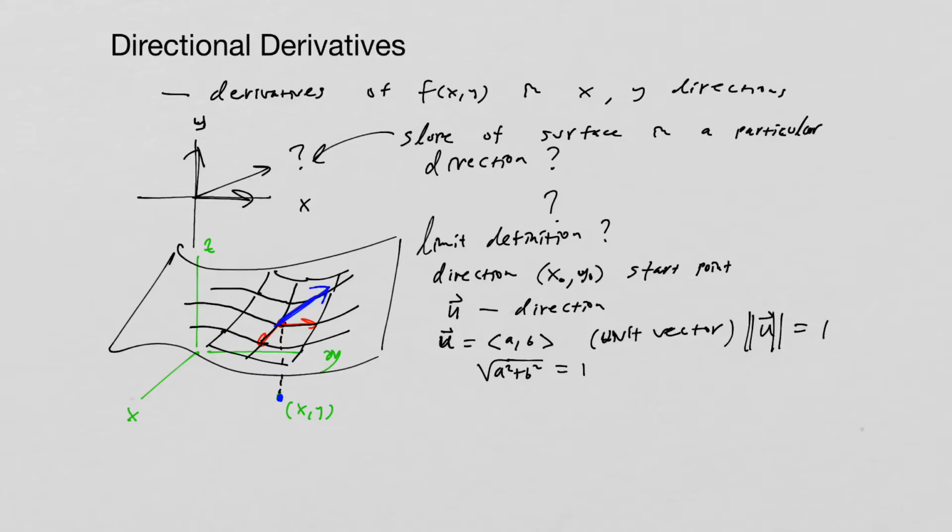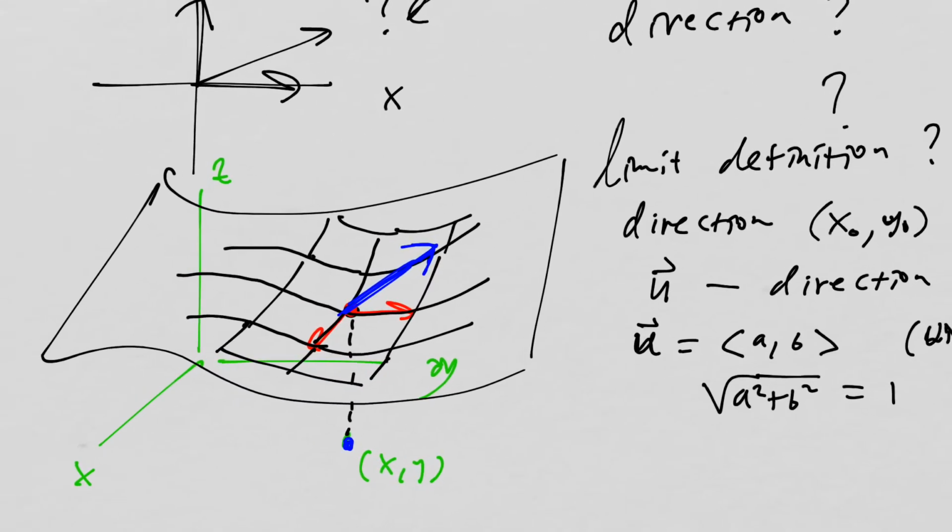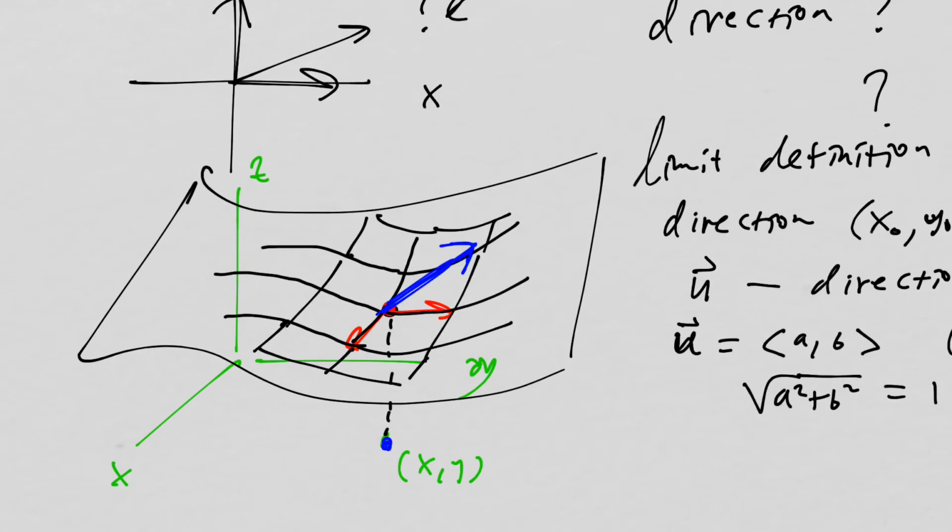So again, if I blow this up right here, and if I think of that reference point, that's my x0, y0 right there. Now, if this is my u vector right here, and I'll put it in blue, then if I think about a point right there, think of that as some displacement.